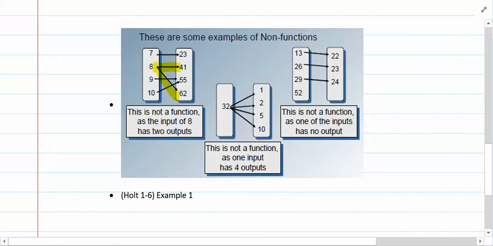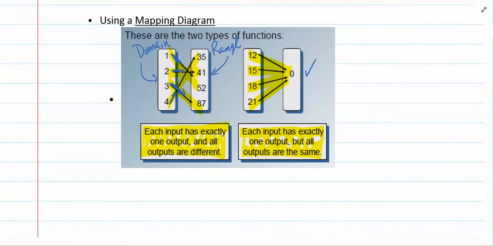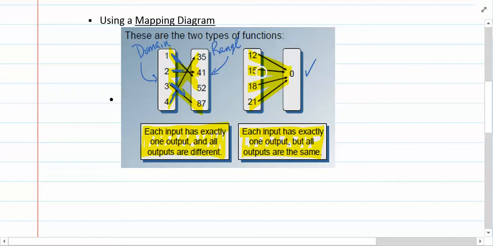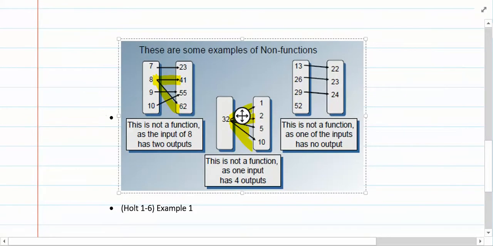This example in the center violates our rules as well because the number 32 maps to 4 different outputs, and that is not allowed. And you might be thinking, well, that looks just like the other example from before, but remember, that example from before had all of our domain values pointing to one range value. It wasn't one range value pointing to several, it wasn't one domain value pointing to several range values. This is a problem here.